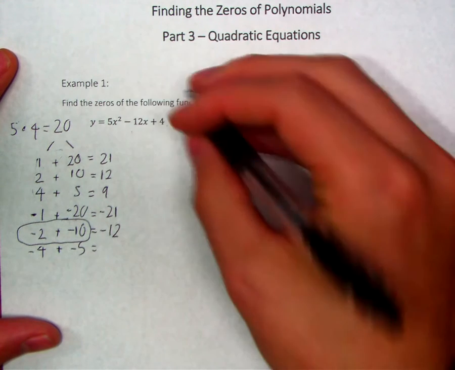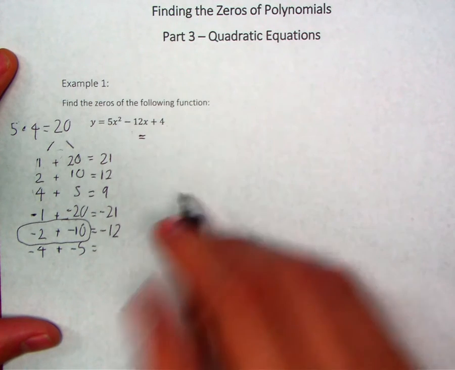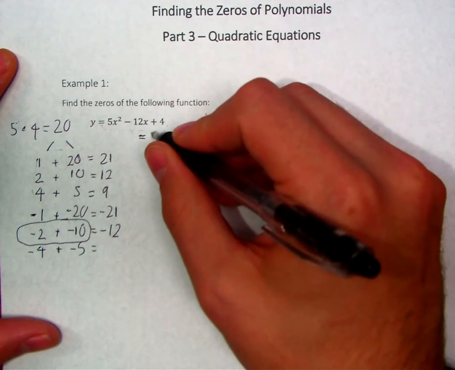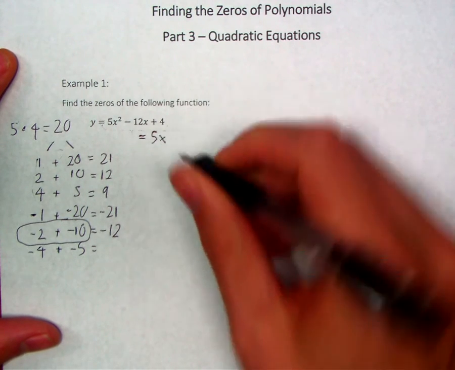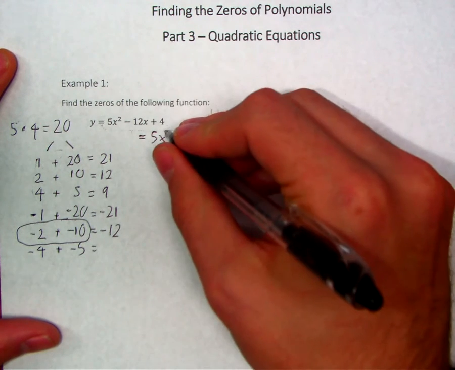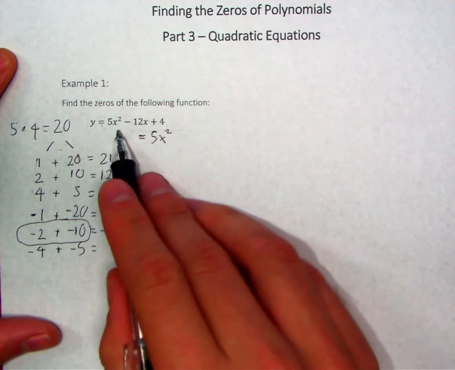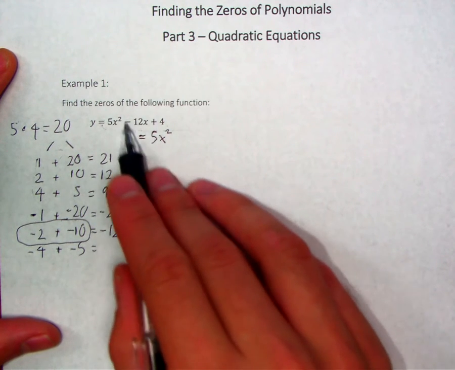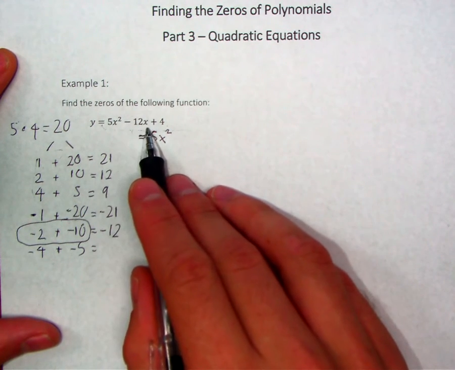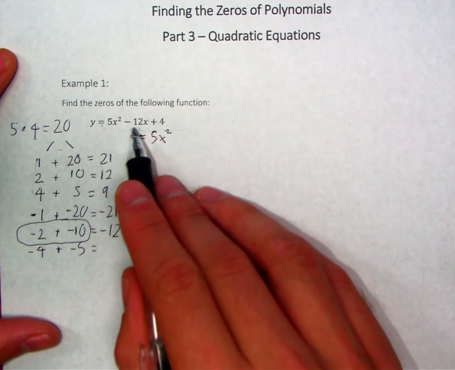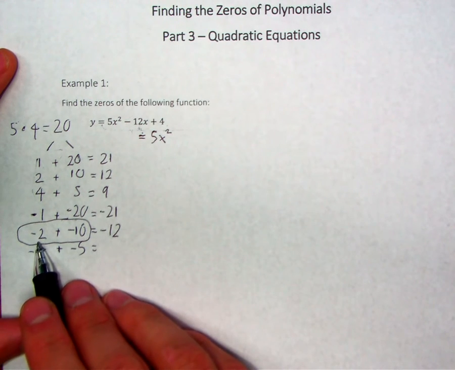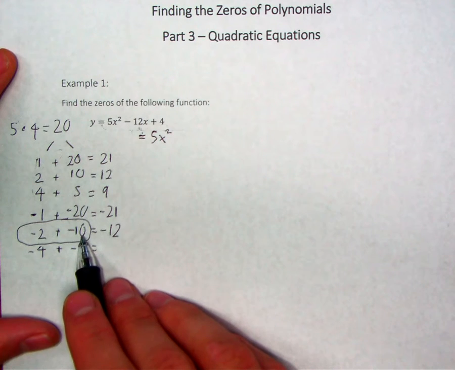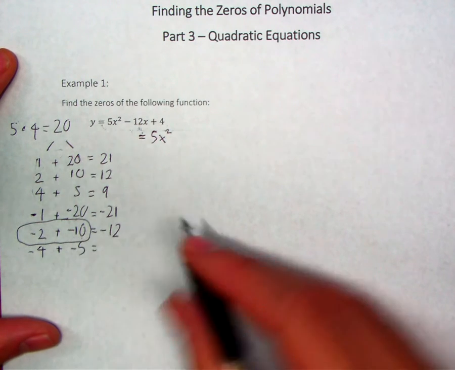All right, well, what am I going to do with that pair? Well, I'm going to take this equation and write the same equation again. It's the same, so I've got an equal sign connecting them. But instead of writing it exactly the way it was, I'm going to take that second term, the B term, negative 12x, and split it up into negative 2x and negative 10x, because I already said that negative 2 plus negative 10 is equal to negative 12.